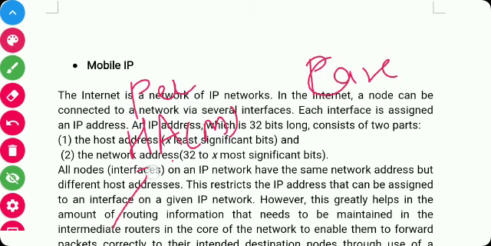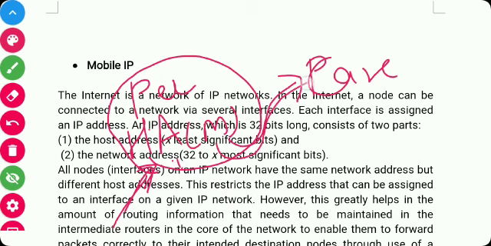So when a packet is transmitted for M at the permanent address, HA M intercepts it and forwards it to the care-of address, that is the foreign network of M. This is called IP tunneling, where the original IP packet is encapsulated in another packet and transmitted to the care-of address.